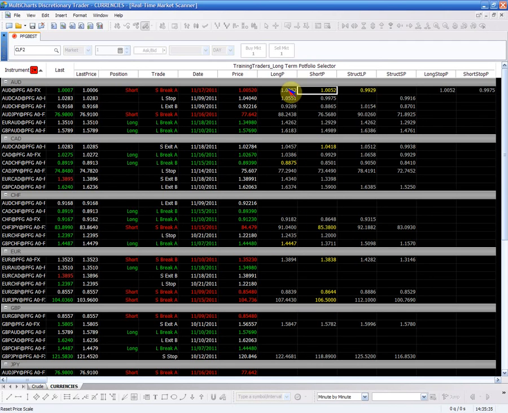Okay, so my long point is my structure long point, and it is also my stop. That means it's a very strong buy signal. If it gets above the 100.52, I'm going to buy it.